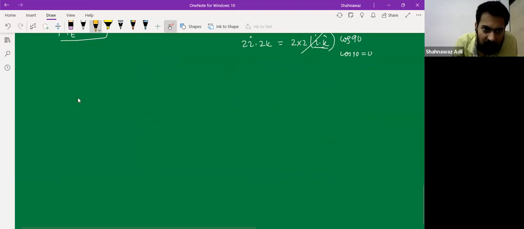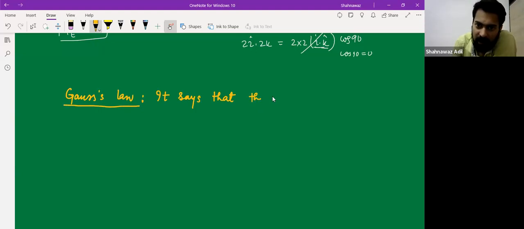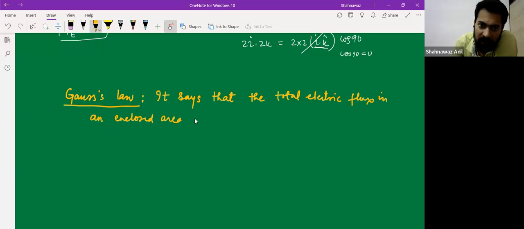Gauss law says that the total electric flux in an enclosed area is Q enclosed by epsilon naught.